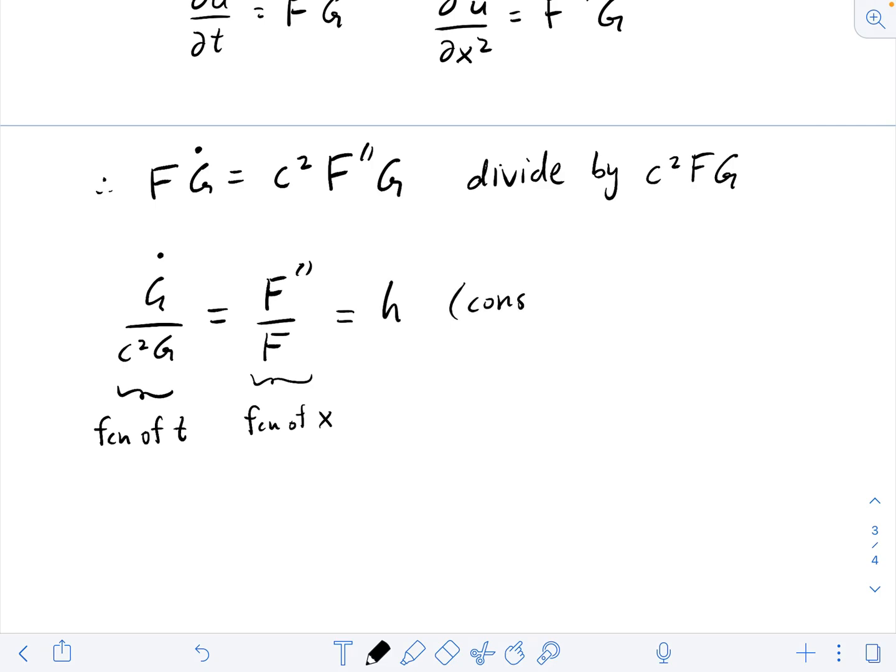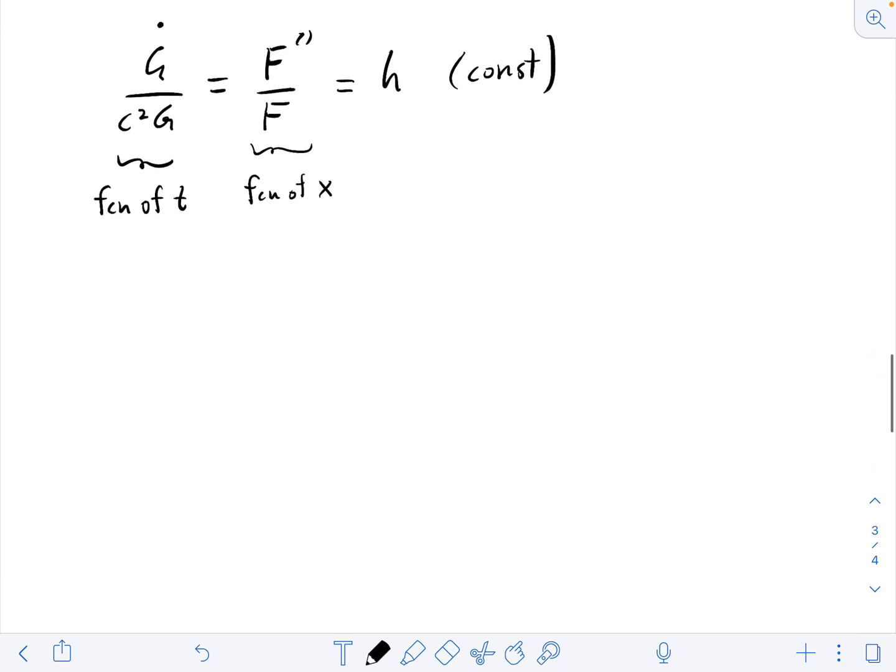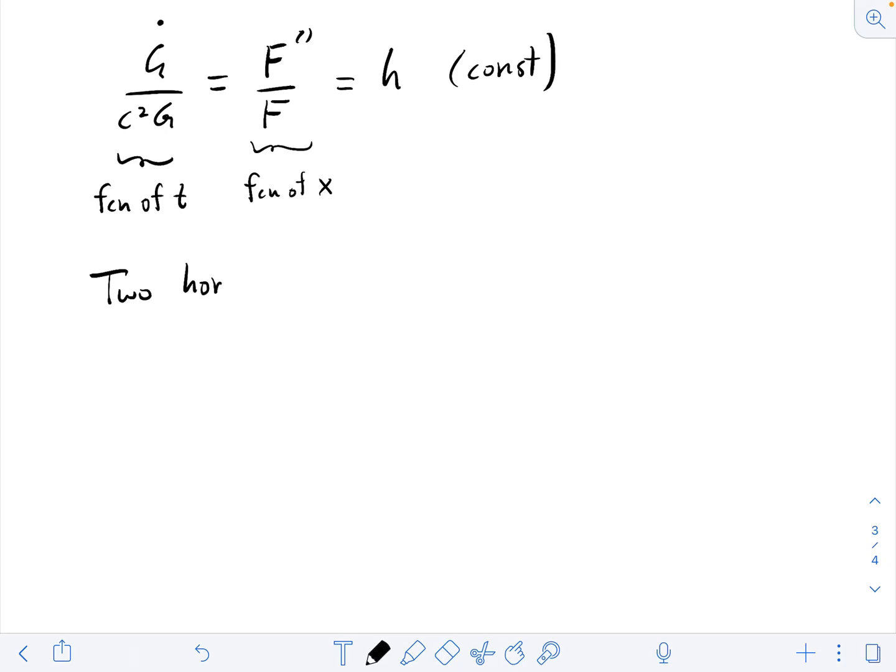And so we'll call that constant h. Okay. We can use this to establish two homogeneous ordinary differential equations.